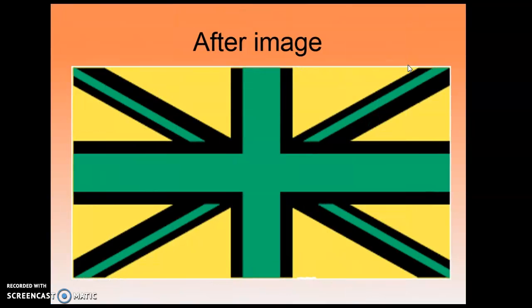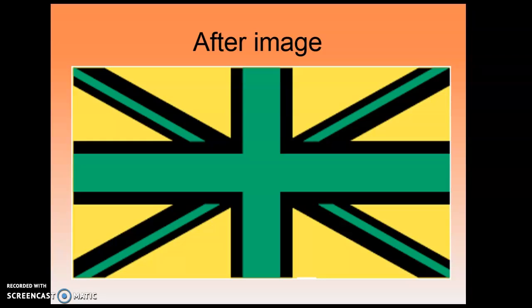Okay, so let's try that one more time. This is just a demo of Hering's theory. One more time you're going to stare at the middle of this flag. Stare at it hard. Fifteen more seconds.